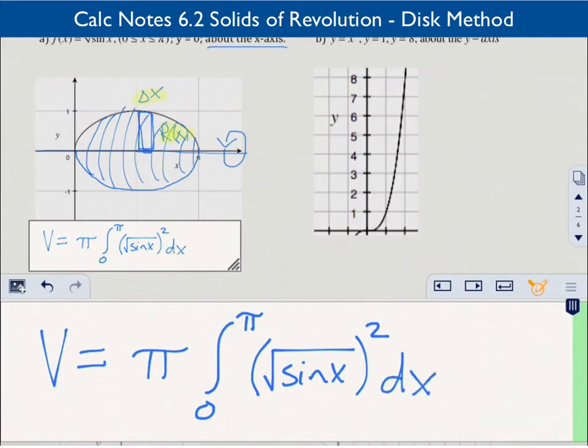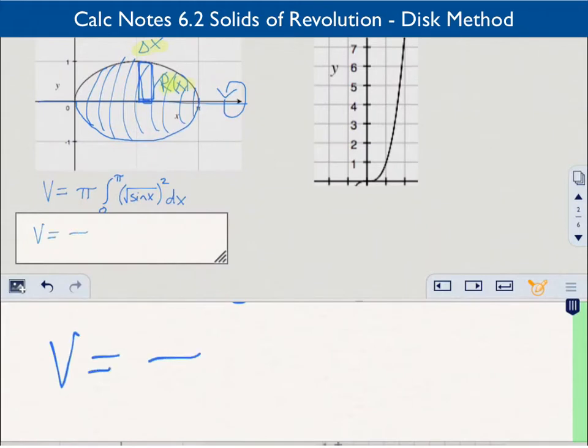Okay, so that is our disk method there. You could type this straight into your calculator, or we can clean it up a little bit. You can see here the square root of sine x squared is just going to be sine x.